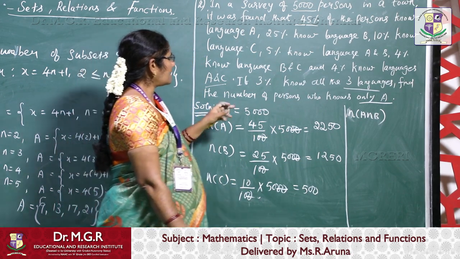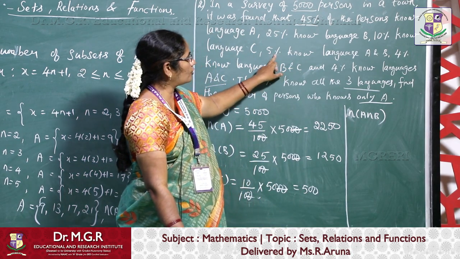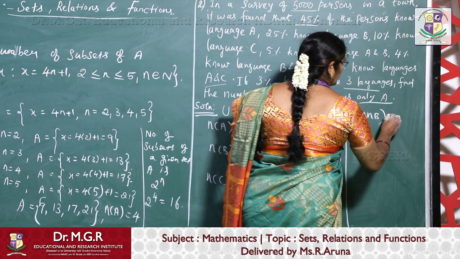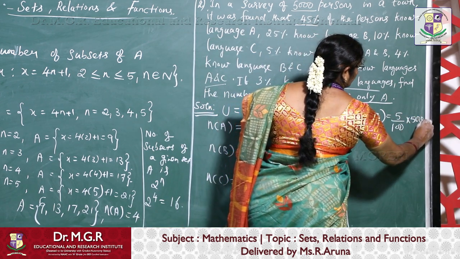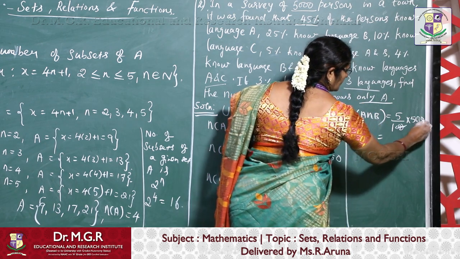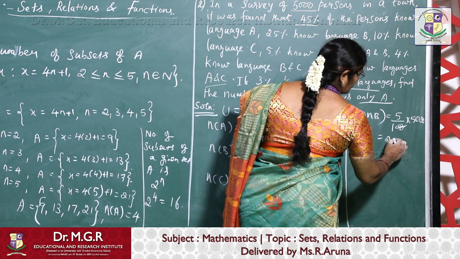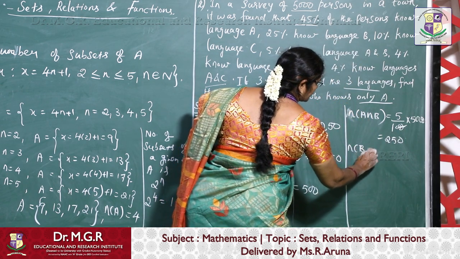There are 5% of people who know both the languages A and B, which is 5 by 100 into 5000, which is 250.